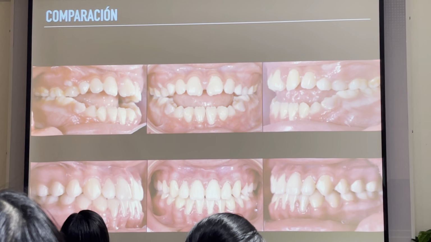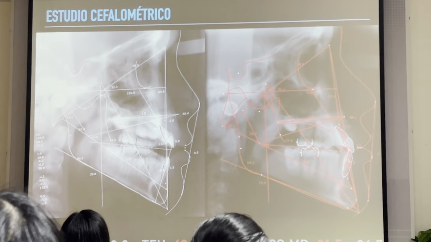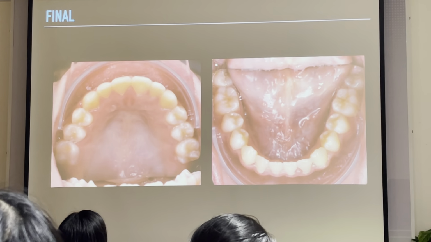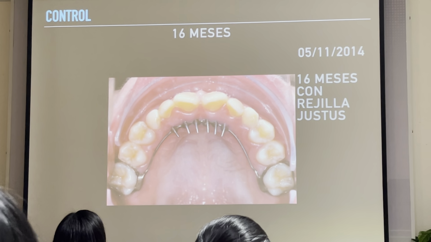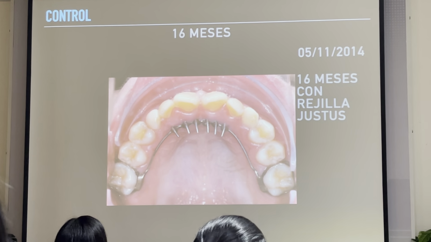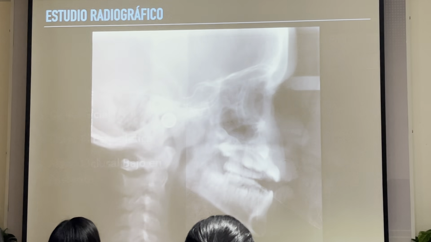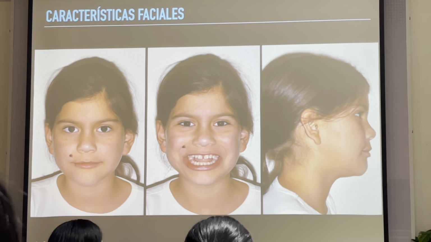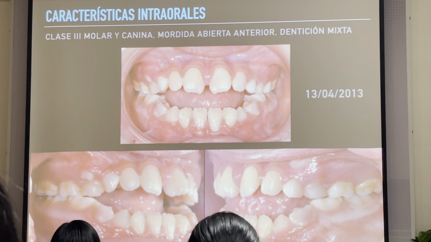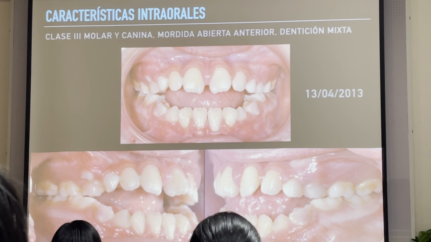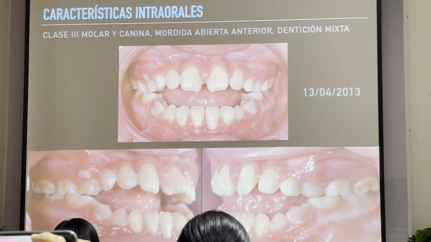I remember I put the crib here, but I cannot find the photograph of the crib. Oh yes, that's the crib. So look, if you see this case, for example, she is very wide open. This is a case with a lot of open bite.